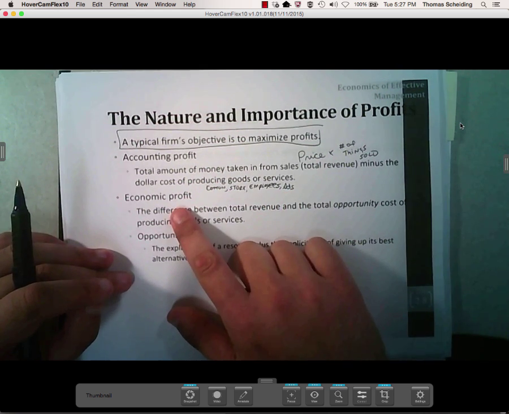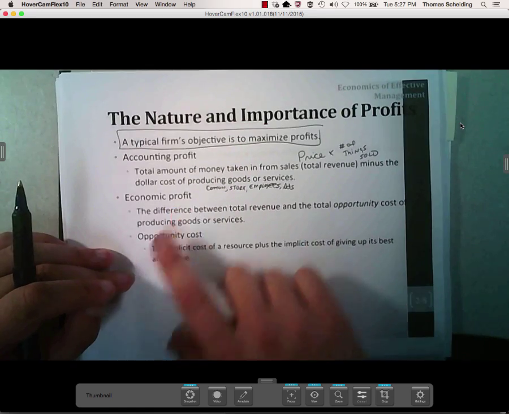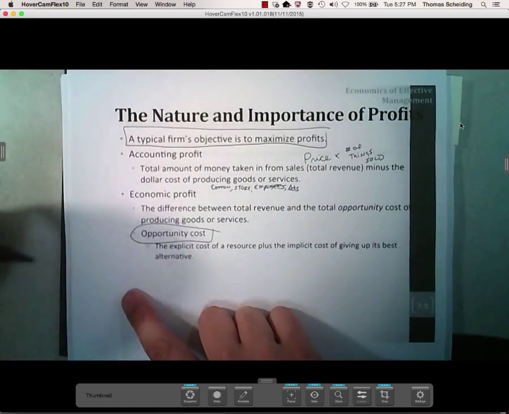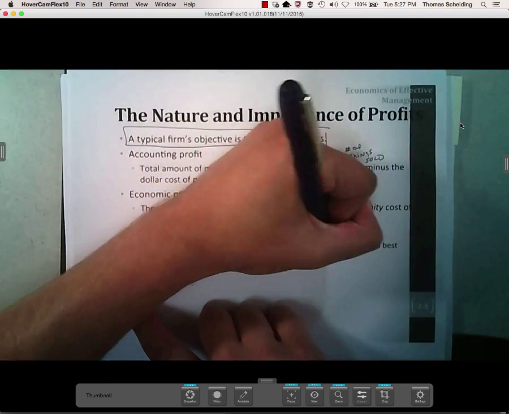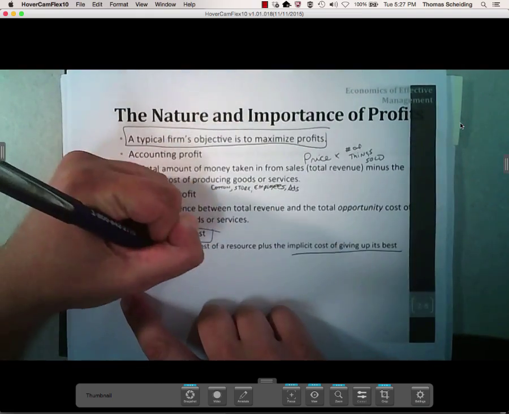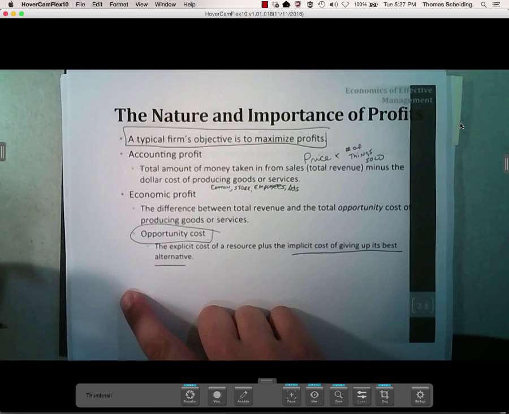What economic profit adds to it is the opportunity cost, which means that I have to look at the implicit cost of giving up the best alternative.